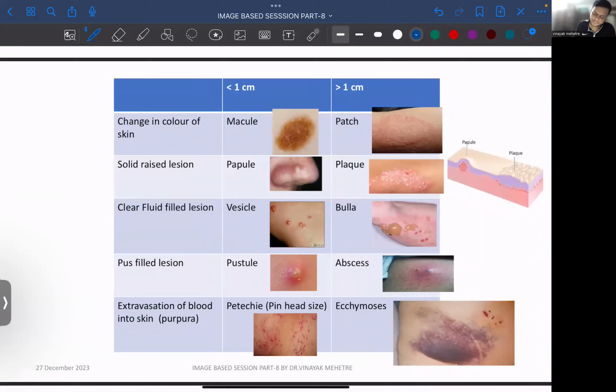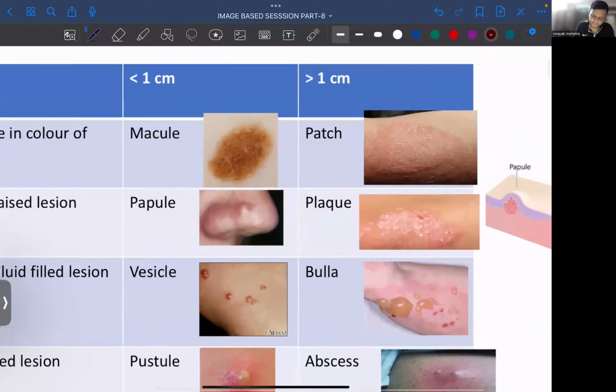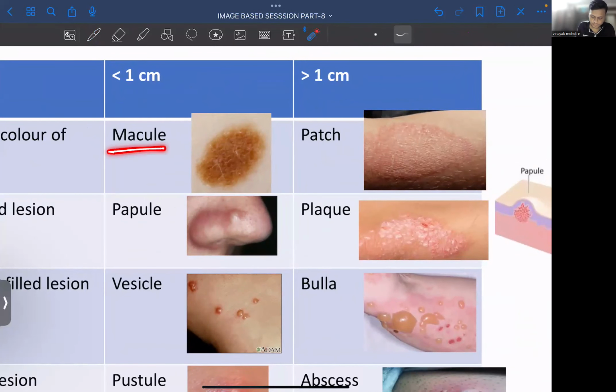Remember these are primary lesions. इसको हम क्या बोलते हैं? Primary lesions. If there is change in color less than 1 centimeter, it will be called macule. But if it goes more than 1 centimeter, that will be called patch.